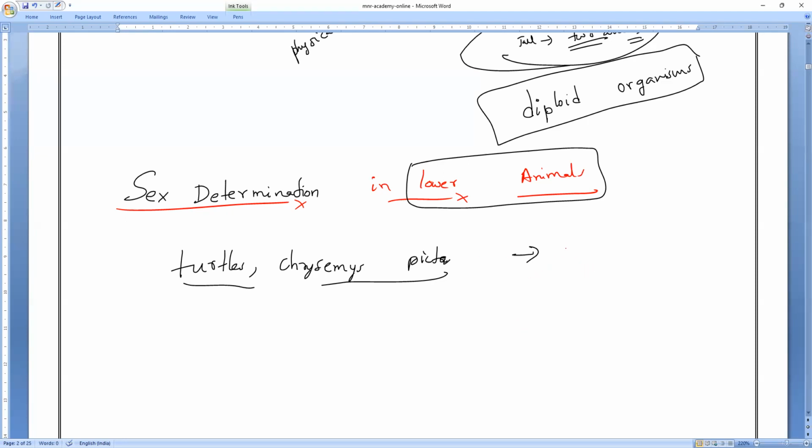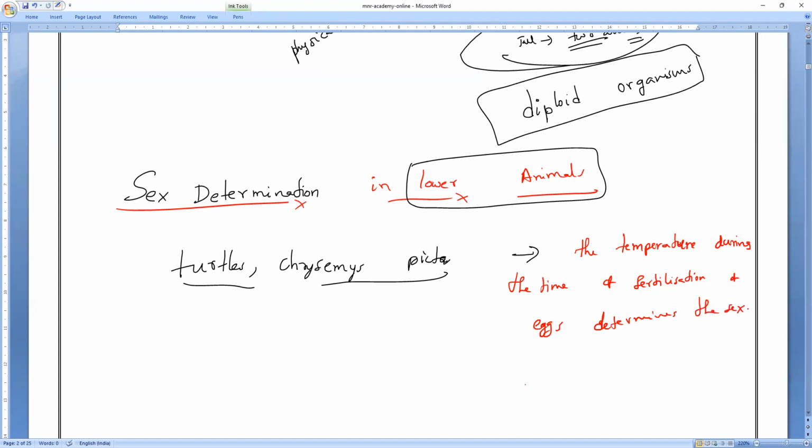Please note it, from the NCERT book: the temperature during the time of fertilization of eggs determines the sex.